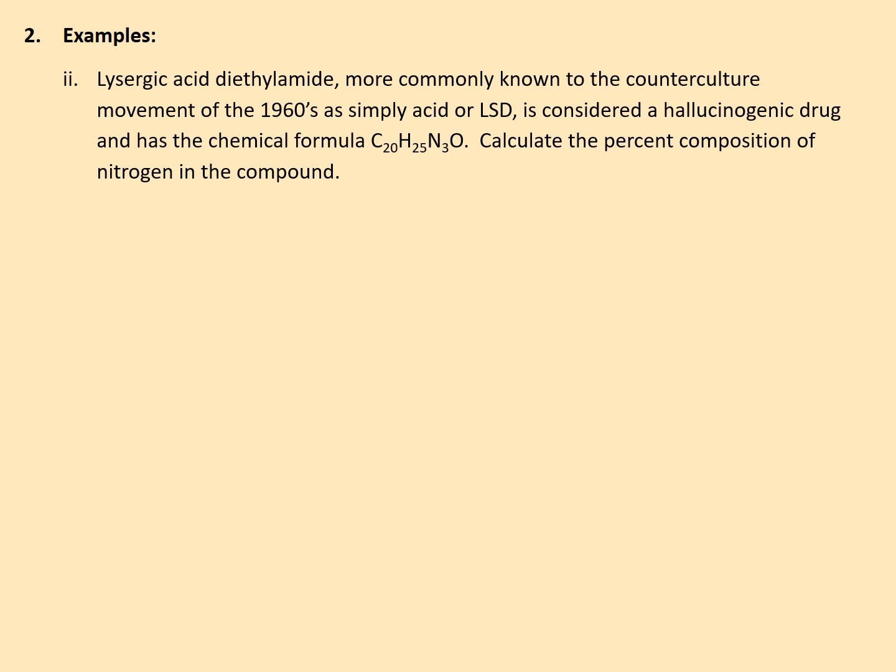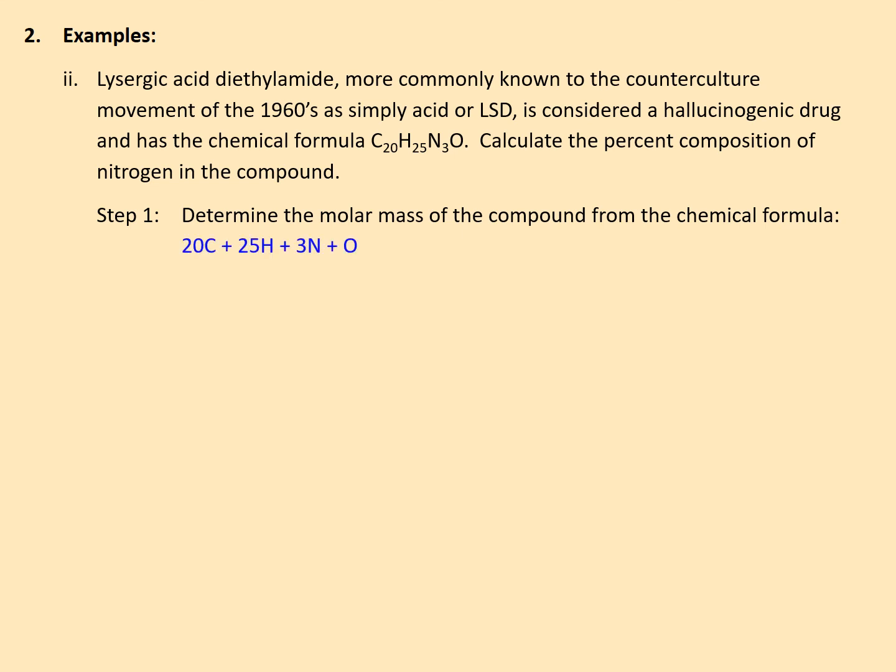Here we're not asked to find the percent composition of the other elements, that is carbon, hydrogen, and oxygen. In this problem, we're simply asked to find the percent composition of one of the elements in the compound. So we need to start by determining the molar mass of the compound, that is, find the mass of 1 mole of the compound given its chemical formula. Using the shortcut approach once again, in 1 mole of the compound we have 20 moles of carbon atoms, 25 moles of hydrogen atoms, 3 moles of nitrogen atoms, and 1 mole of oxygen atoms.